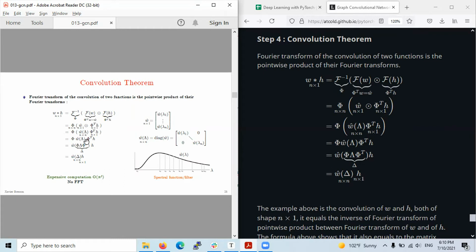After some linear algebraic operations, what we notice is that if W is the kernel and W hat is the Fourier transform of it, eventually we have this mathematical expression: W hat of delta, where delta is the Laplacian, times H.